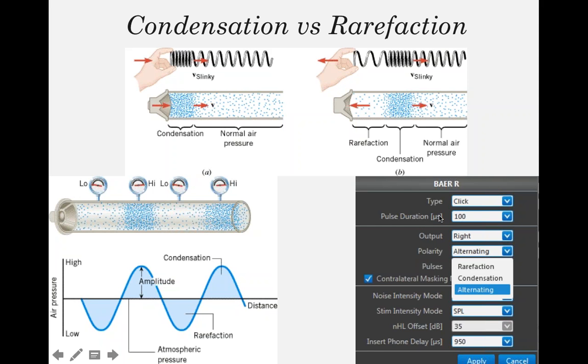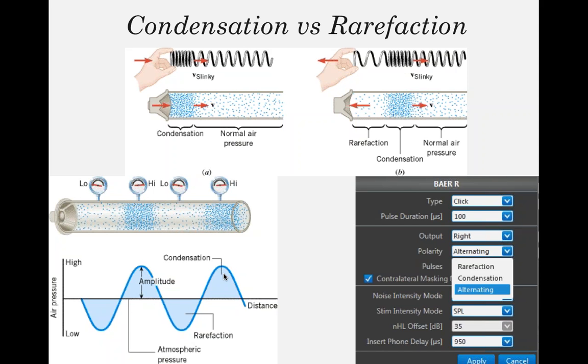And one click is going to be either condensation or rarefaction, and the next click is going to be the opposite one. So we're going to have 100 microseconds of, this would be low pressure, so rarefaction, 100 microseconds of condensation, 100 microseconds of rarefaction, 100 microseconds of condensation, and so on, all throughout the procedure.